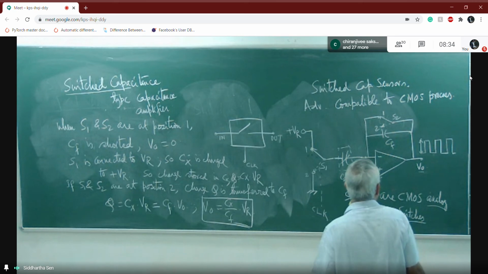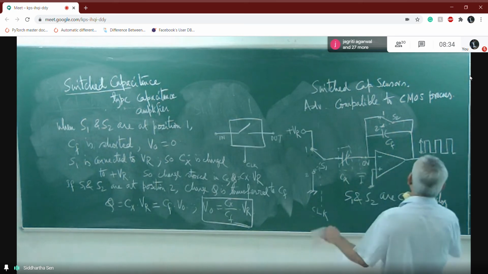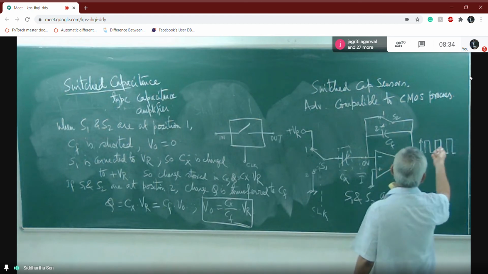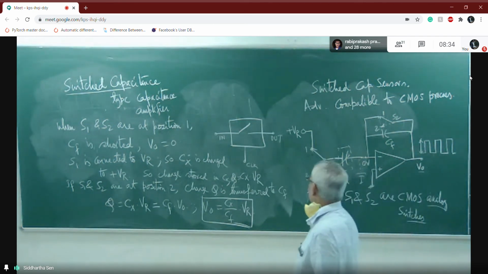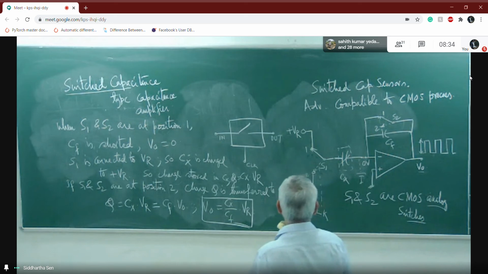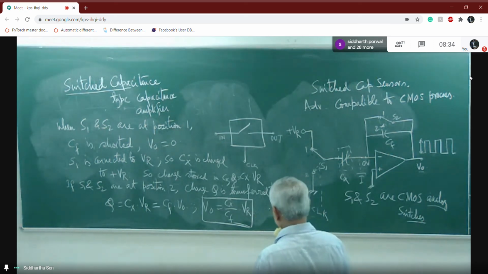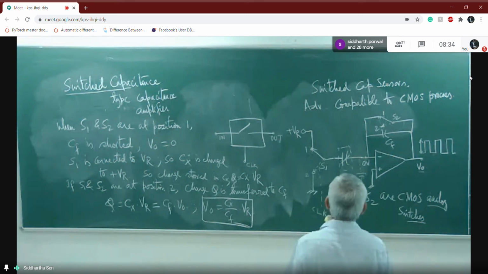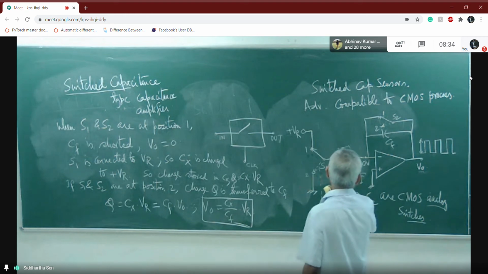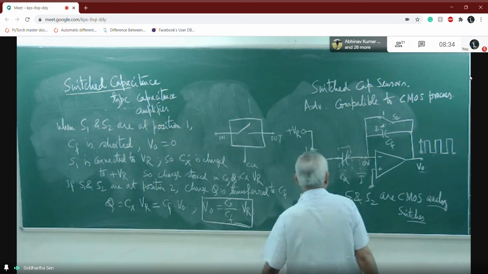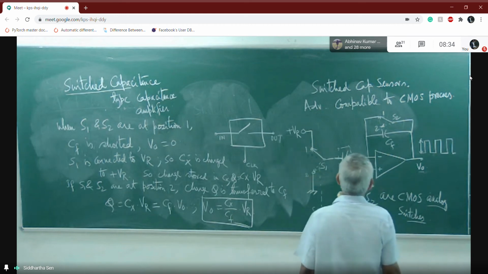And obviously we can further rectify it, convert it to DC and do all. So the major advantage is that just by putting some switches and operating them, the circuit becomes much more simplified. And also you can see that the parasitic capacitance effect can be reduced there.